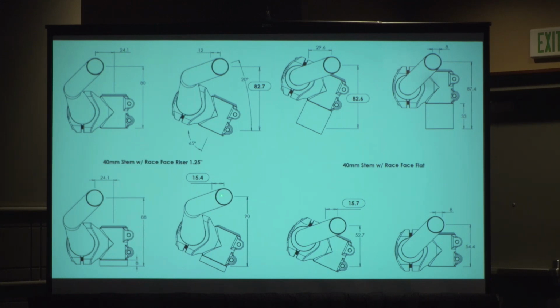To match the offset in terms of distance, say, from the bottom bracket, we have to run spacers under this to get it into that position. But look, that's 90 millimeters versus 52. That's almost 38 millimeters difference in height just by making a small choice like that.